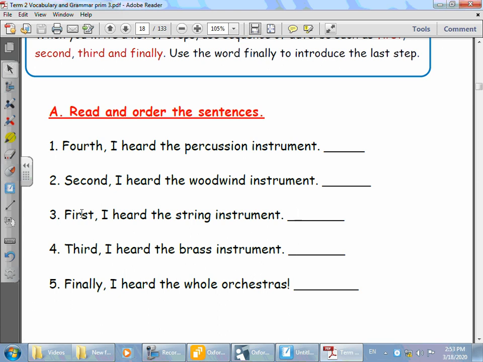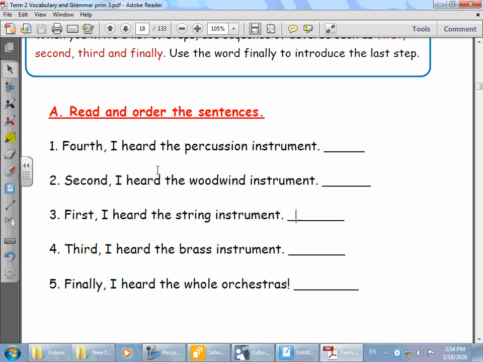Okay. What's the second thing? Super. Second, I heard the woodwind instrument. So we will write number 2. Okay, what's the third thing? Excellent. Third, I heard the brass instrument. So we will write number 3. What's the fourth thing?